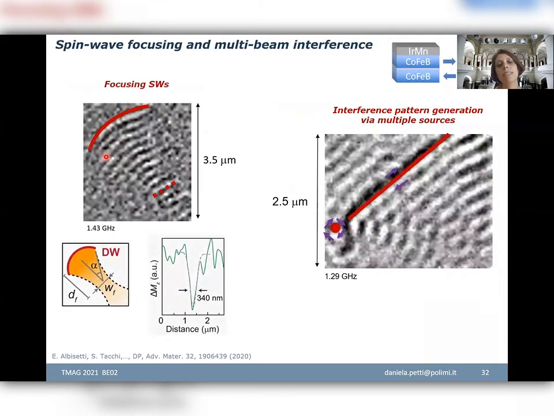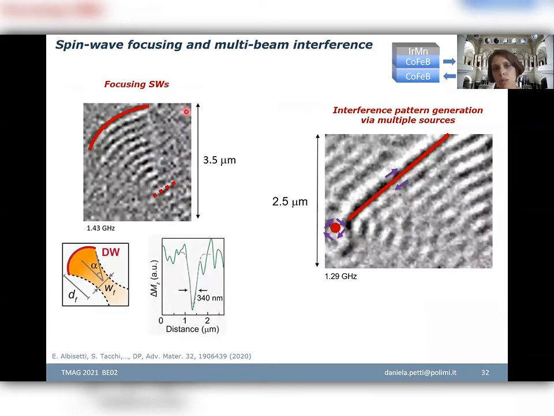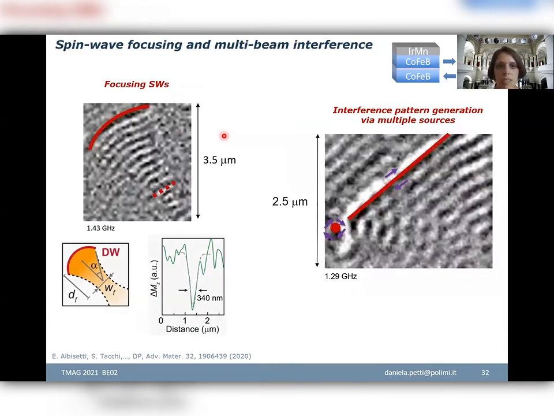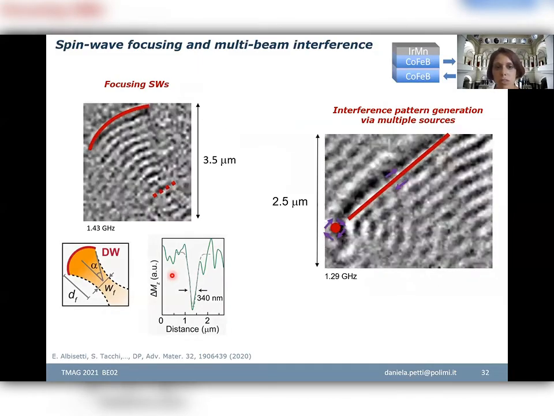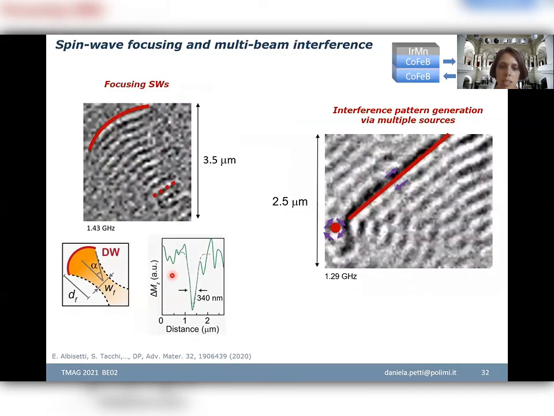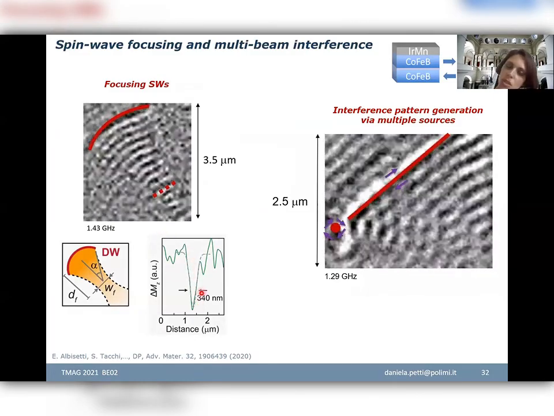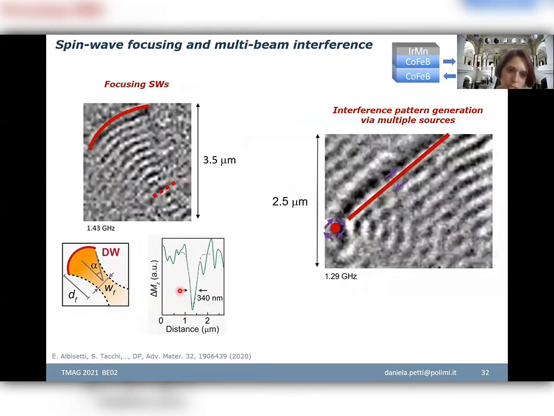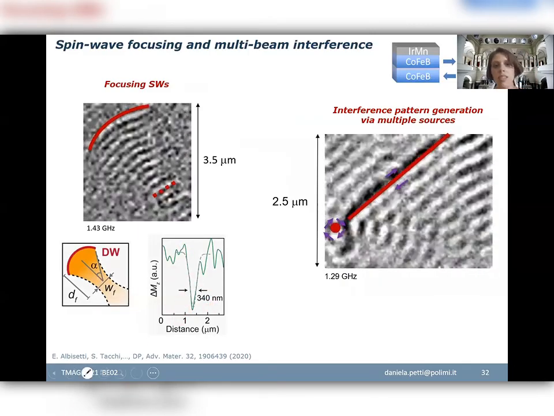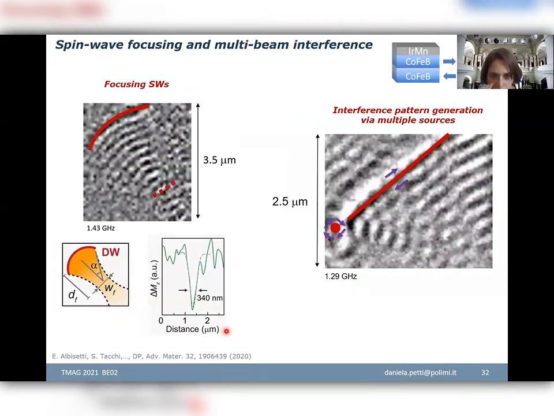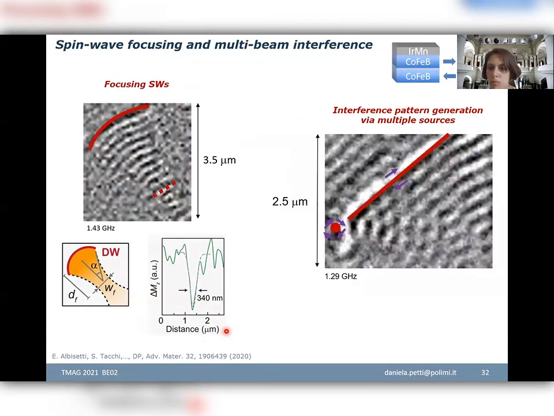Now, by patterning, for instance, a convex domain wall here on the left, you can see that it's possible to focus the spin waves up to the diffraction limit. Indeed, here the width of the oscillation along this red line is about 340 nanometers.